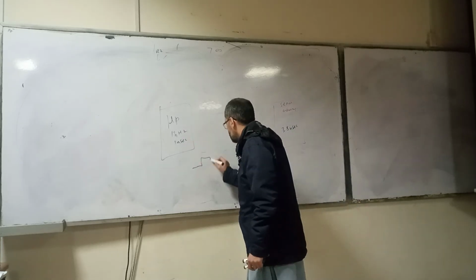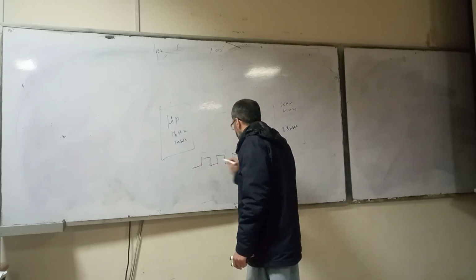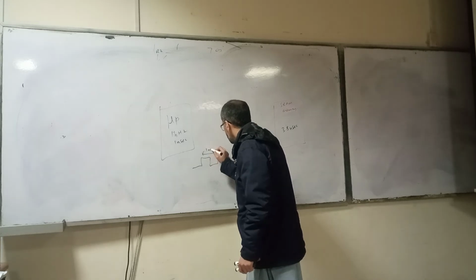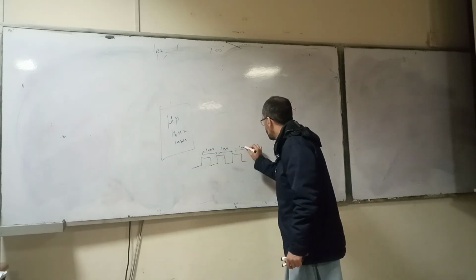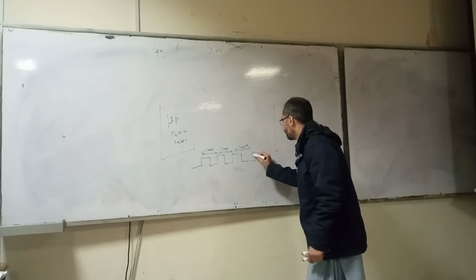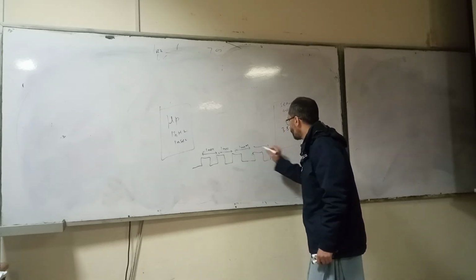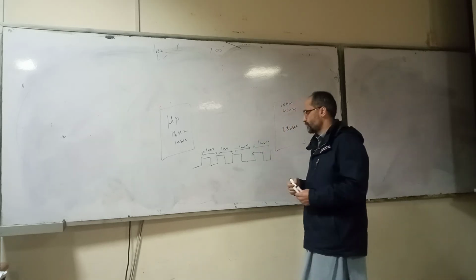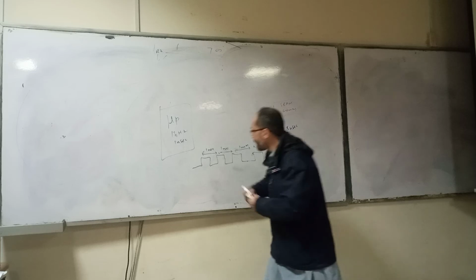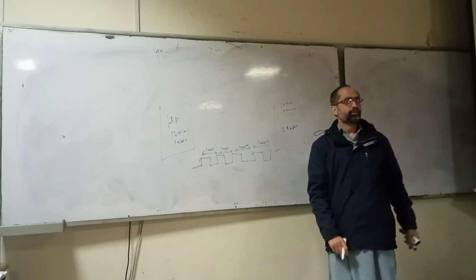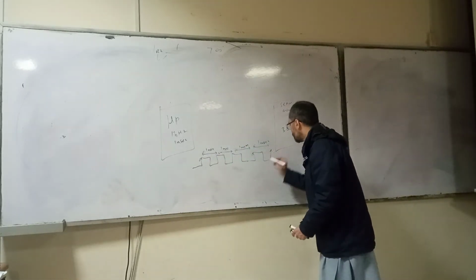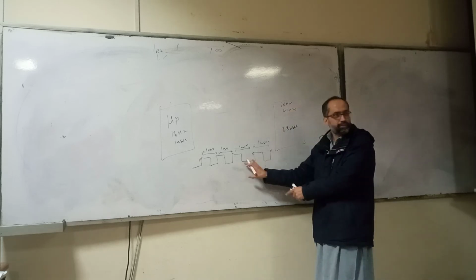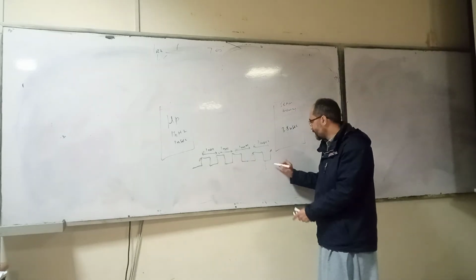So each cycle of the microprocessor is 1 nanosecond. If you send a request at the active edge of the clock at this point, then 1 nanosecond, 2, 3, and 4, and then the data will be available from here. You also need some margin, and then you get the data.